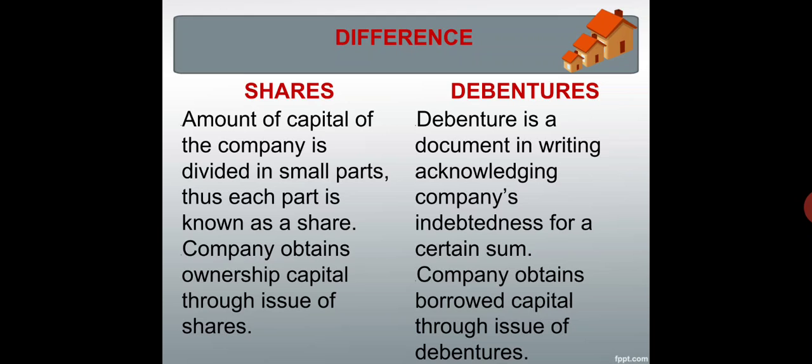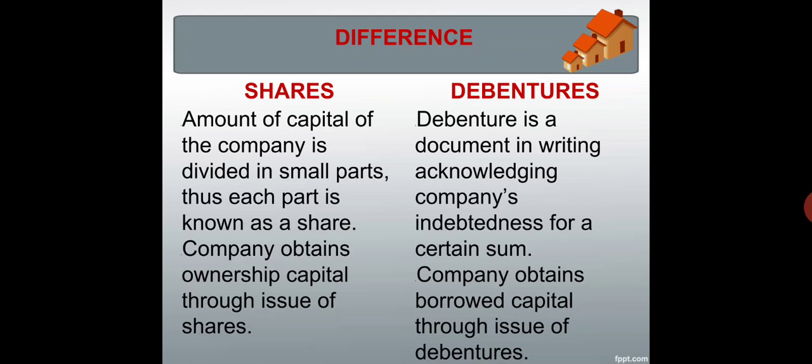Now, as far as our previous session was concerned, in the last session we discussed the meaning of debentures. In that session we discussed the introduction of debentures, then the elements of debentures, types of debentures, and advantages and limitations of debentures.